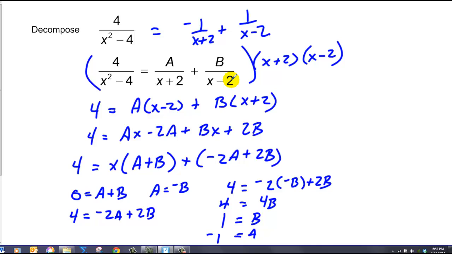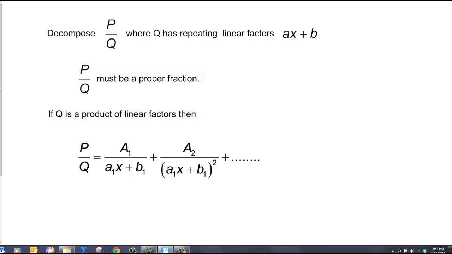So those were a couple examples where I had linear factors of my denominator, and none of those linear factors repeated. If I have a situation where I have a repeating linear factor of ax plus b, then for every linear factor I have that's repeated, I have to represent that.